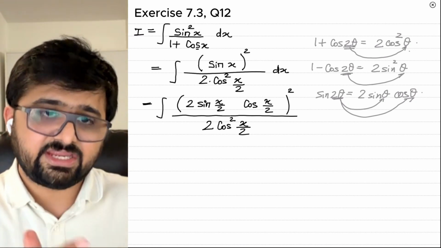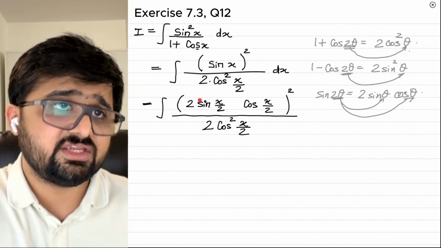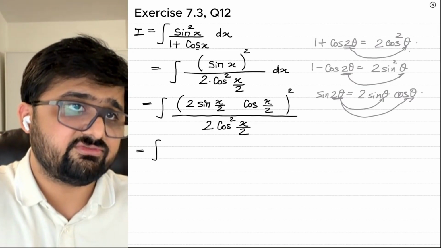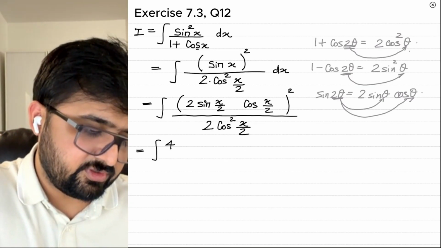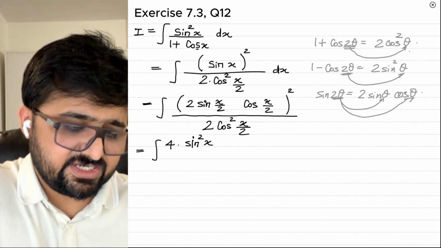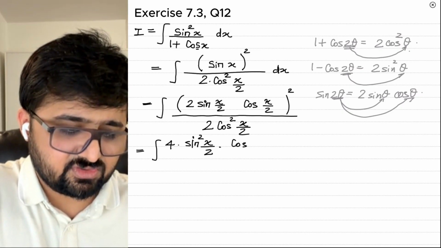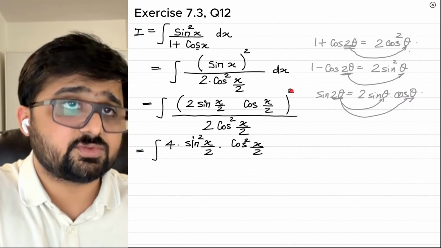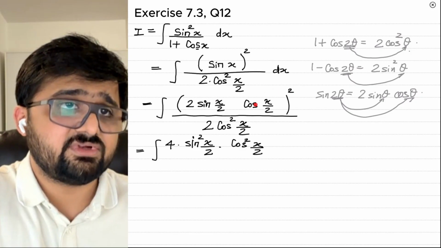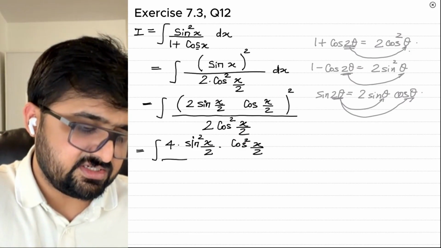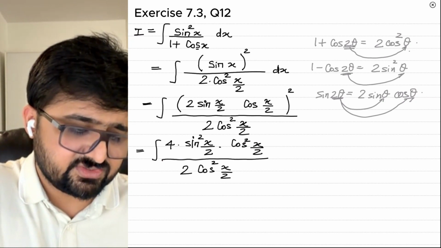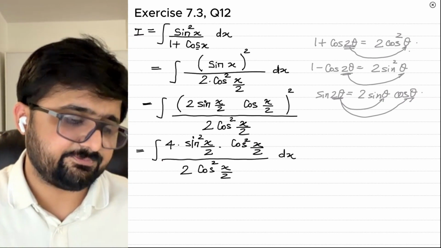Now, if you observe carefully, if you give this square to all the terms because it's multiplication, you'll get 2 square, which is 4, sine square x by 2 times cos square x by 2, divided by 2 cos square x by 2 dx.